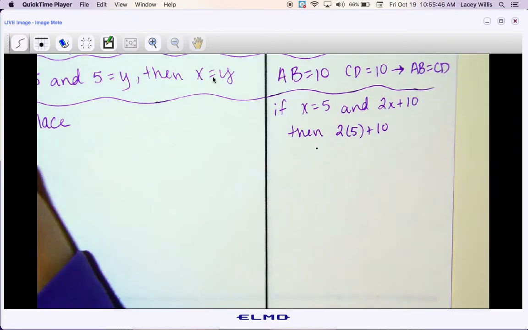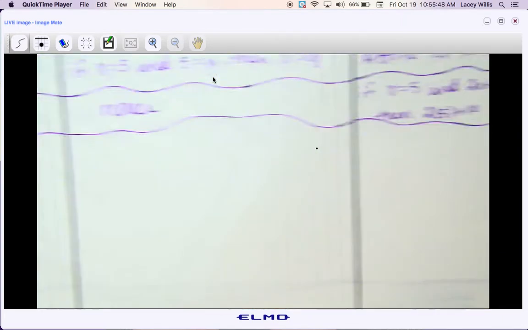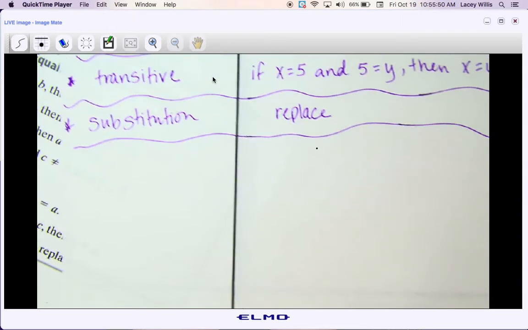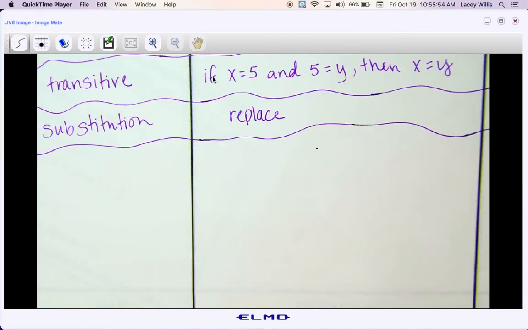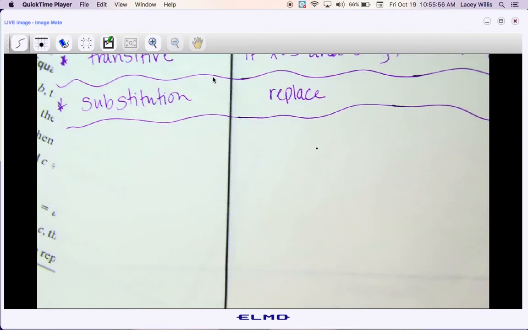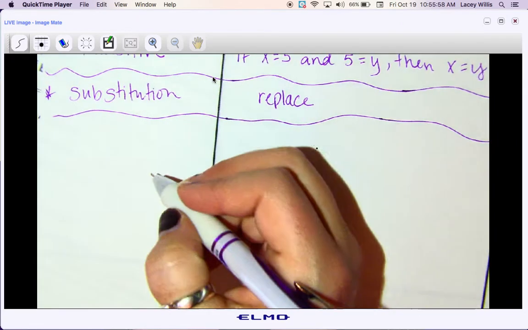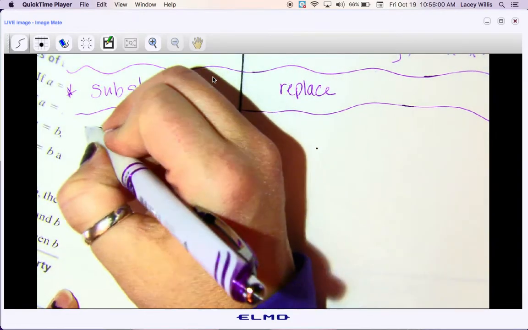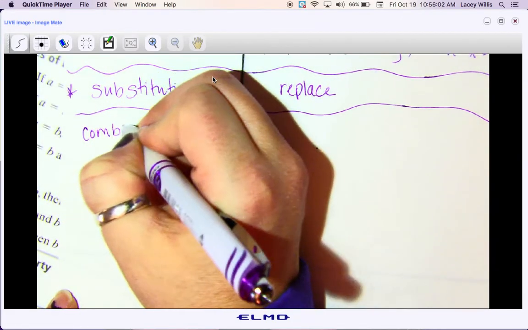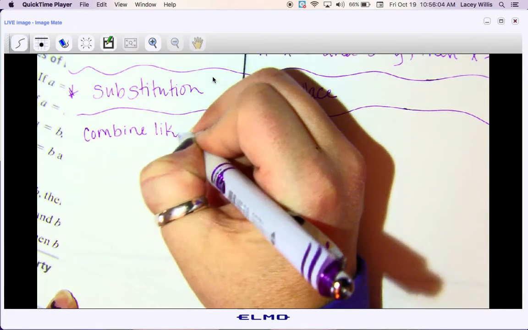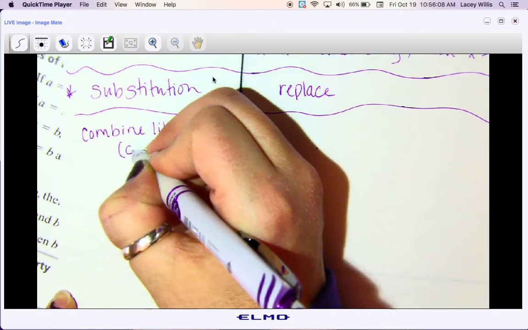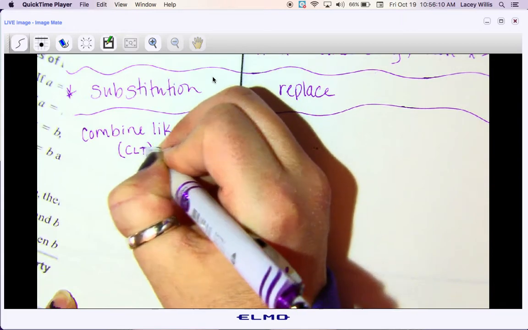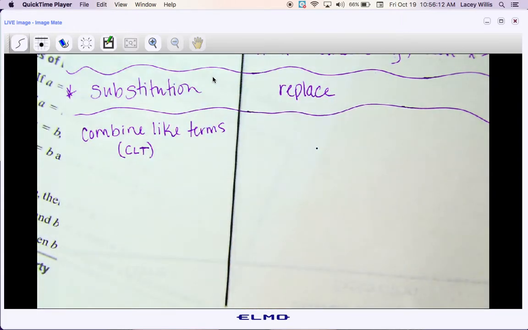The last one is technically not a property. Not only is it beneficial to have this chart because you're writing it in your own words, but we're going to add some things that aren't really given to you on the test, like this next one. This is called combine like terms, and for short, I usually put CLT.